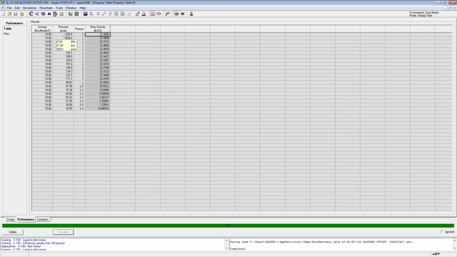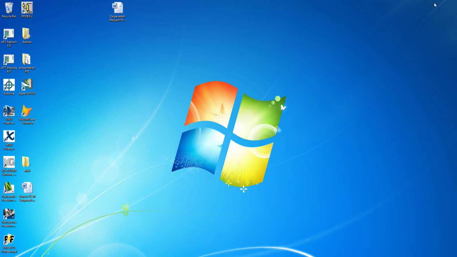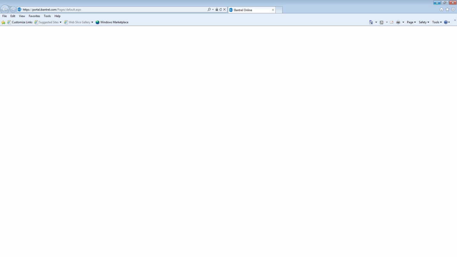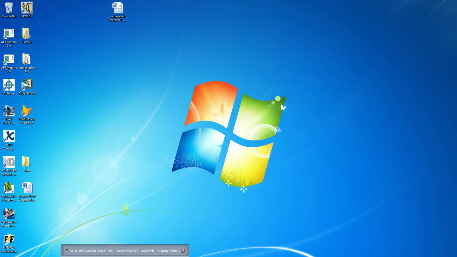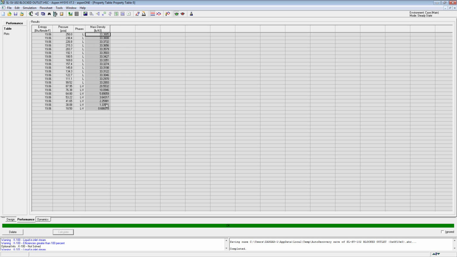Now the only thing we need to do is to copy these data of pressure and mass densities and paste them into our Excel sheet. And same thing with mass densities.